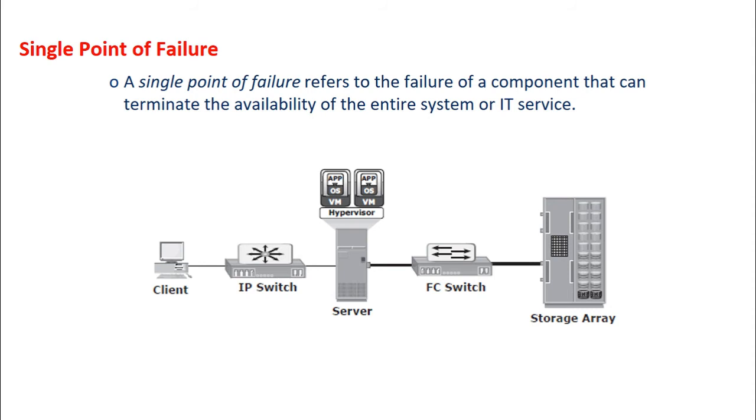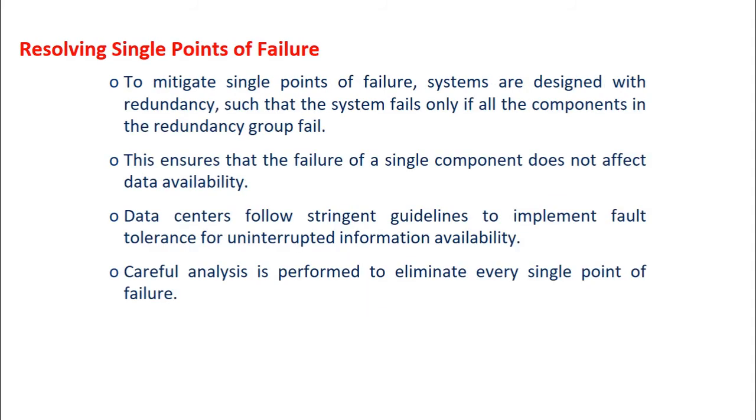In a setup in which each component must function as required to ensure data availability, the failure of a single physical component or virtual component causes unavailability of the application. This failure disrupts the ongoing operation. So that is what we call single points of failure.